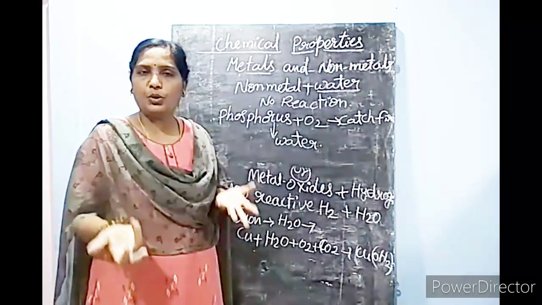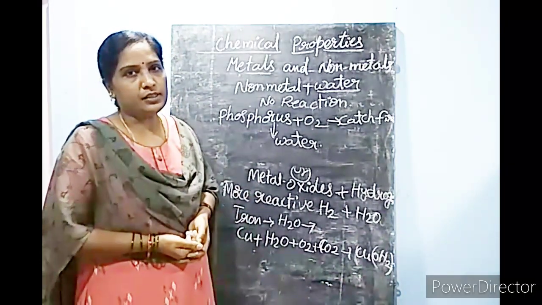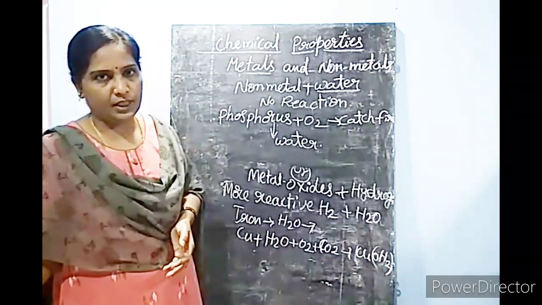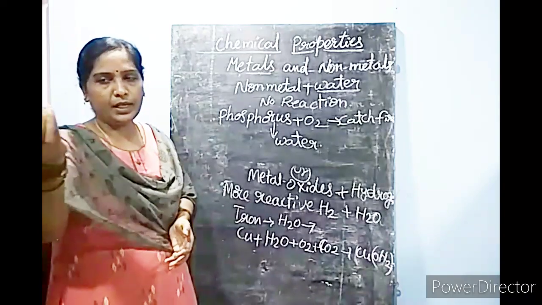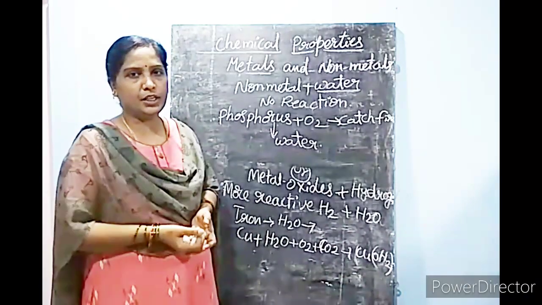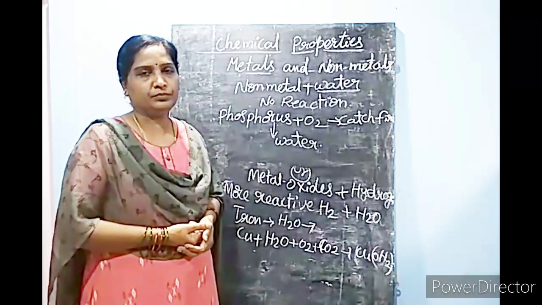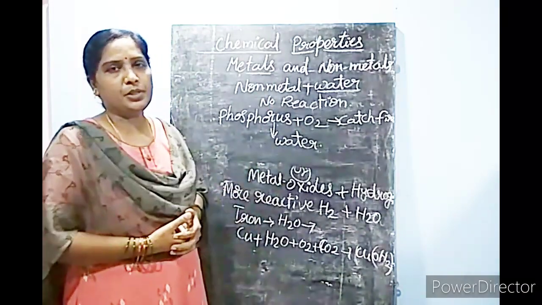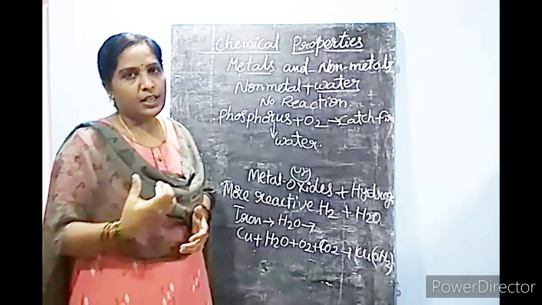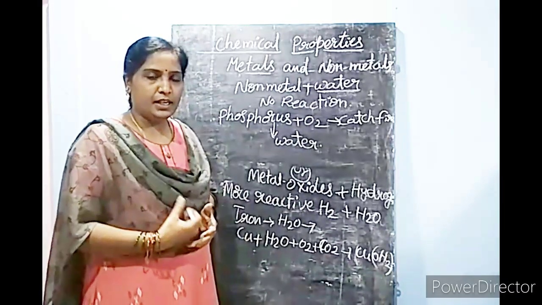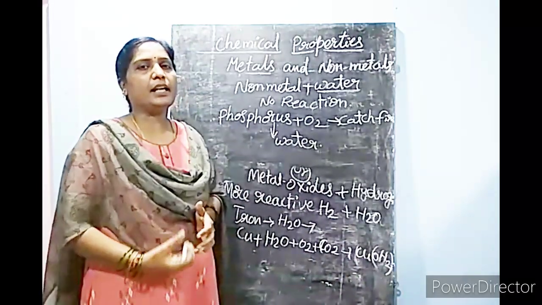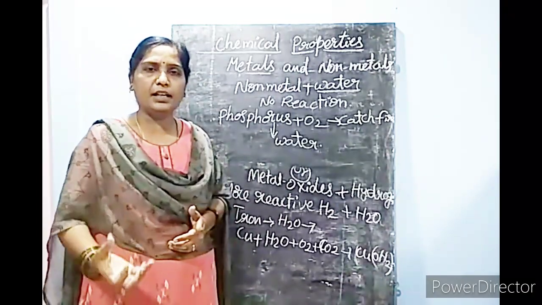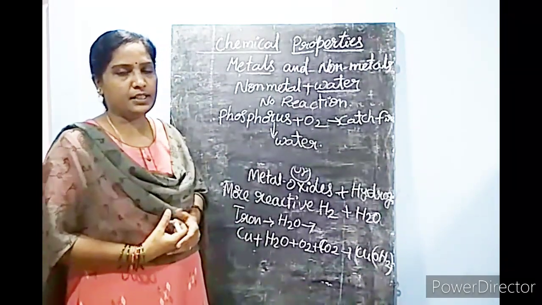Non-metals will not show any reaction with water, even though they react with oxygen. That's why some non-metals like phosphorus are stored in water. So understood, children? All these properties help us identify metals and non-metals. In the coming class, we'll see the reactivity series, and why some metals are more reactive than others.